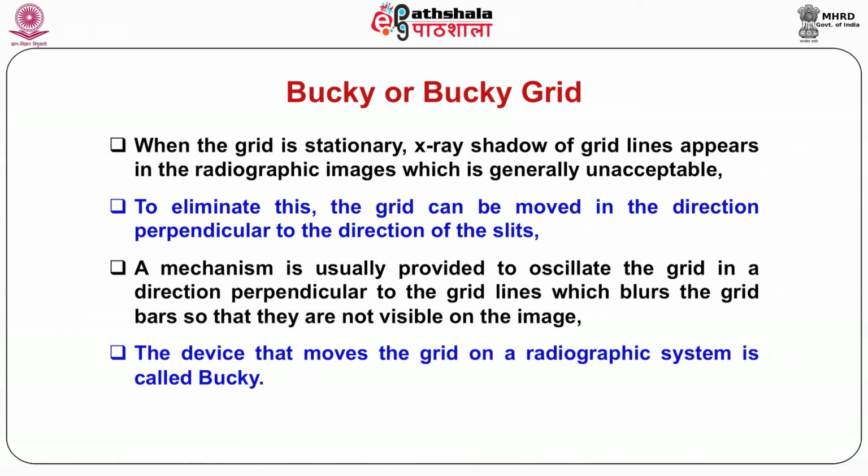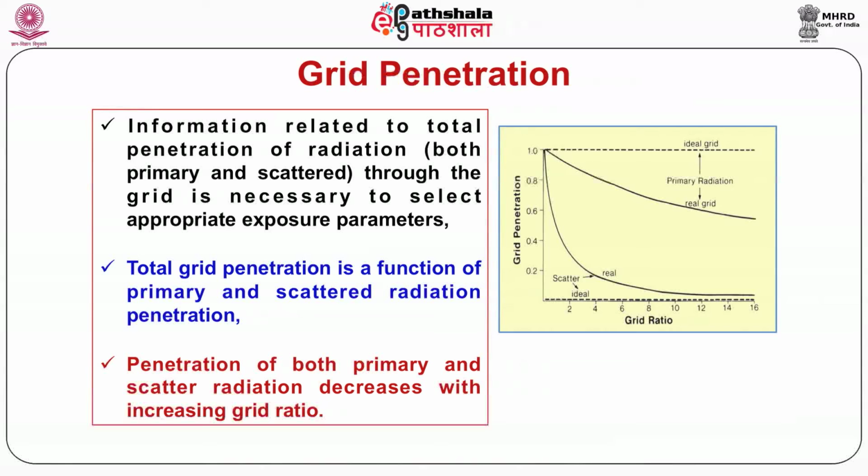The device that moves the grid on a radiographic system is called Bucky. The information related to total penetration of radiation, both primary and scattered, through the grid is necessary to select appropriate exposure parameters.